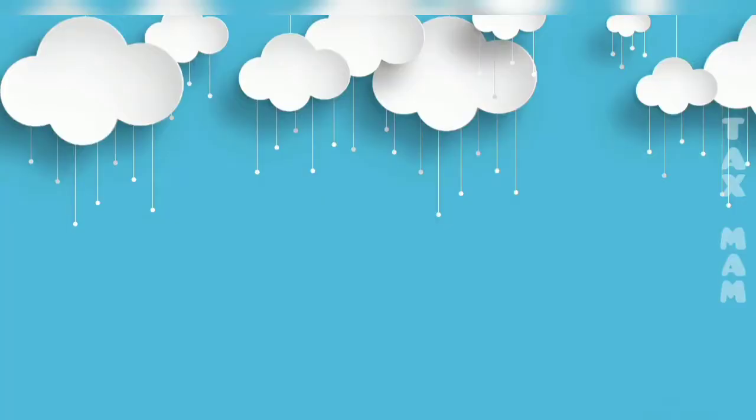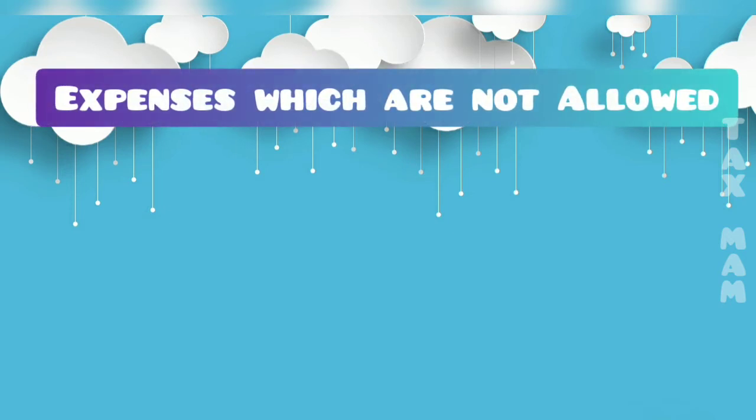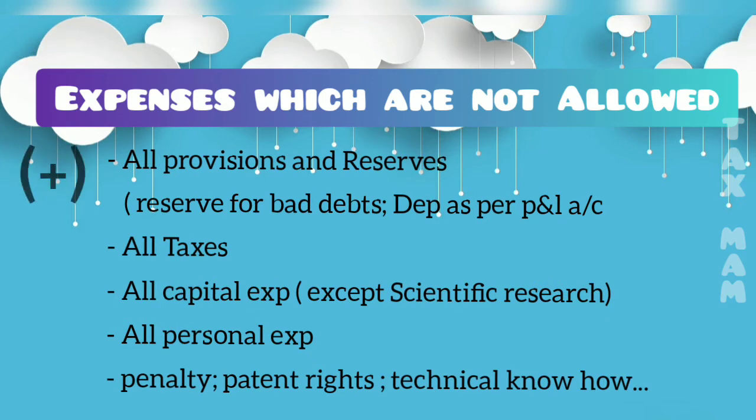Now coming to the first point, expenses which we have claimed but which are not allowed actually. If you find any expenses which are debited, we have to add them back. A few points: all the provisions and reserves, like reserve for bad debts, depreciation as per the P&L account, we have to add back. All the taxes like income tax, advance tax, wealth tax, if you have paid and taken them on the debit side, we have to add back.